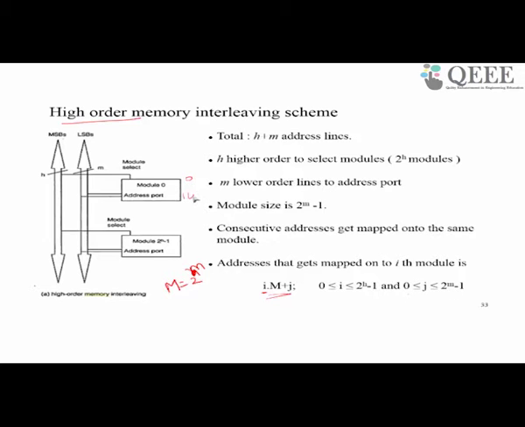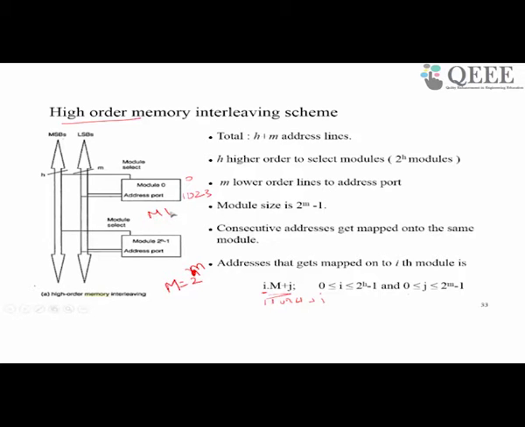Then the first module will have i equal to 1 and capital M will be 1024. So 1 into 1024 plus j, where j will again lie between 0 to 1023. So locations 1024, 1025 onwards up to 2047 will all be present in module 1.